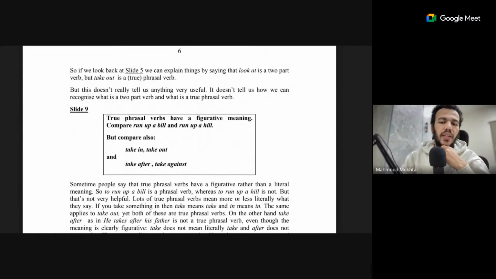We can explain things by saying that look at is a two-part verb, but take out is a true phrasal verb.